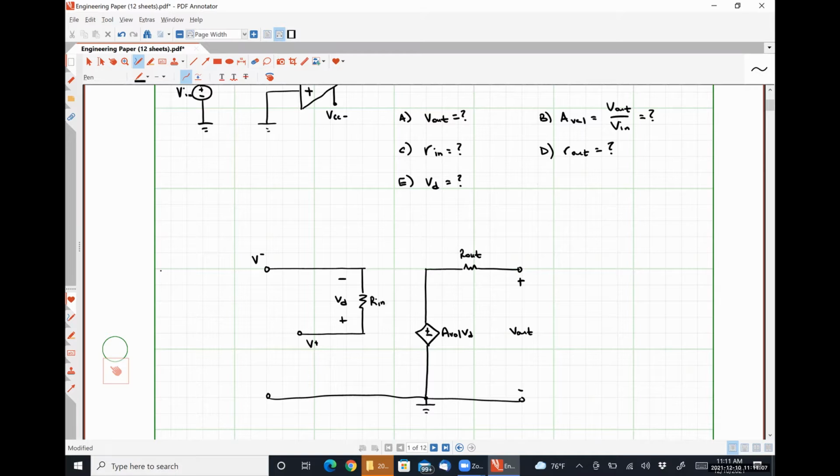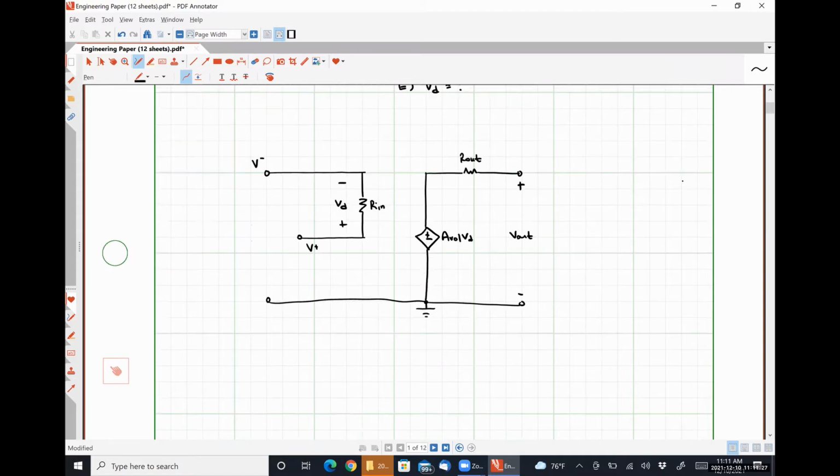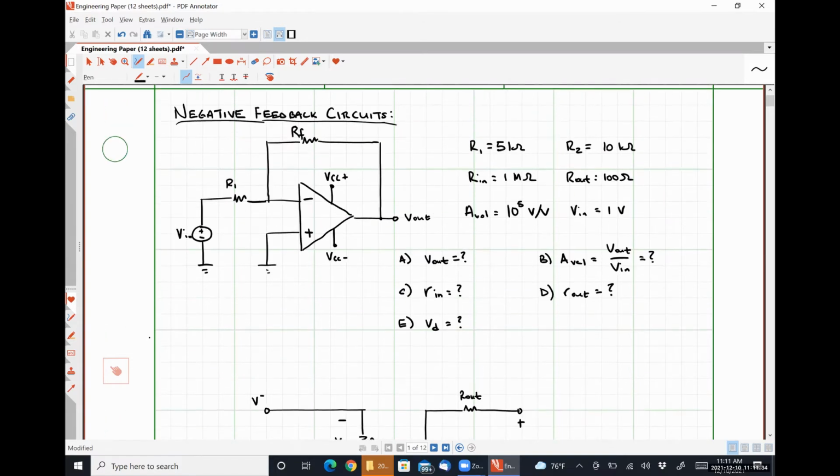Let me scroll up here real quick. So our output voltage in this particular case is an open circuit output voltage. We don't have any load resistance, so we can leave this alone. Our non-inverting input terminal is connected directly to ground, so I'm going to connect it directly to ground. Between my inverting input terminal and ground, I have a resistor R1 in series with my input voltage source.